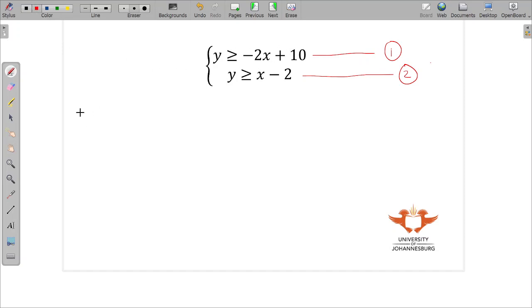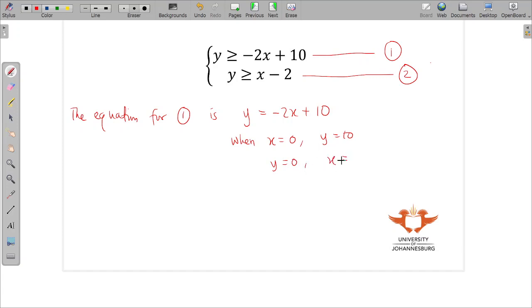We find the equation for inequality 1, which is y equals minus 2x plus 10. When x is 0, y is 10. When y is 0, then x will be 5.